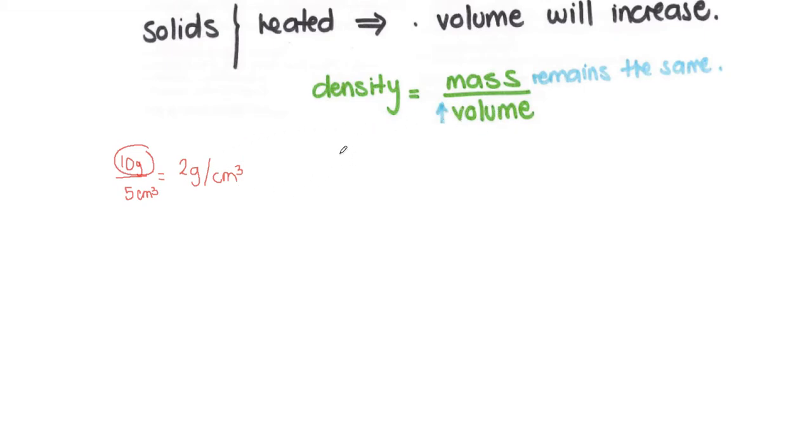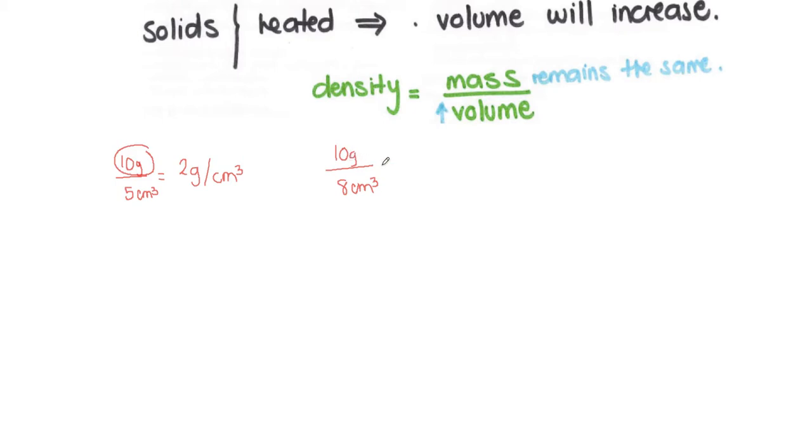Let's see what happens. So I'm going to do 10 grams, but now instead of 5 cubic centimeters, let's say, I don't know, let's say 8 cubic centimeters. So what is this going to be?